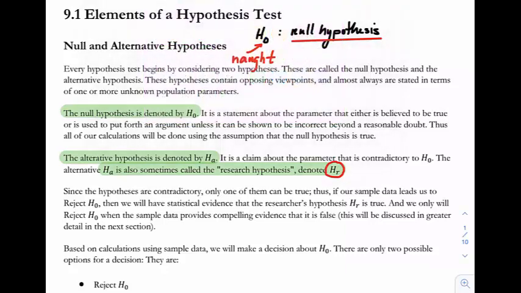So the method here is outlined: since they are contradictory, the reason is that they want to use a method called proof by contradiction. That has an actual name in Greek.